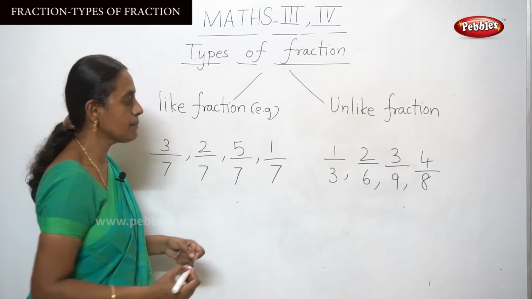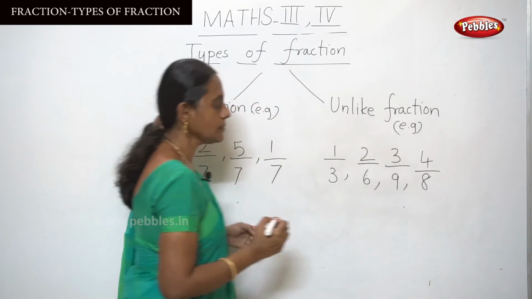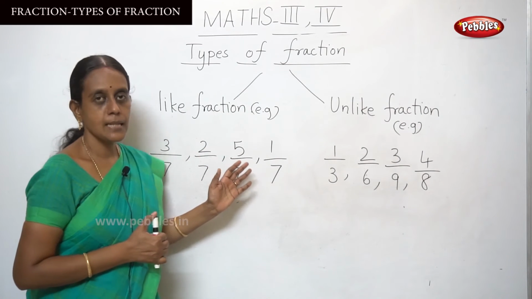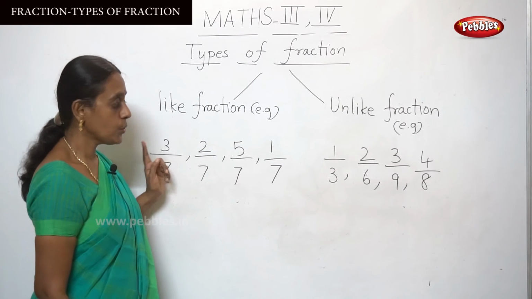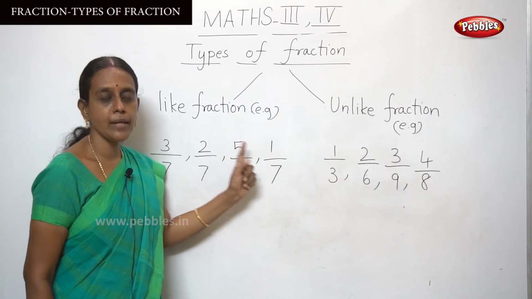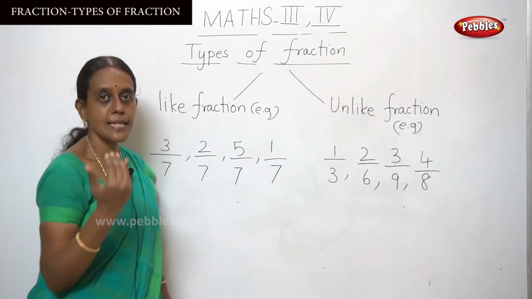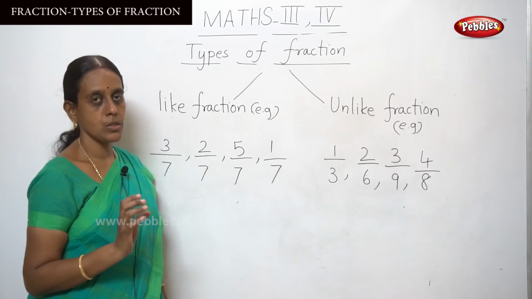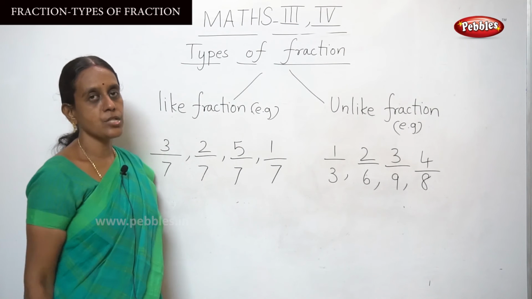This is an example for unlike fraction. Observe this example, children, 3 by 7. The numerators vary in number, but the denominators are the same. All the denominators are 7. So when the denominators are the same, it is called like fraction.